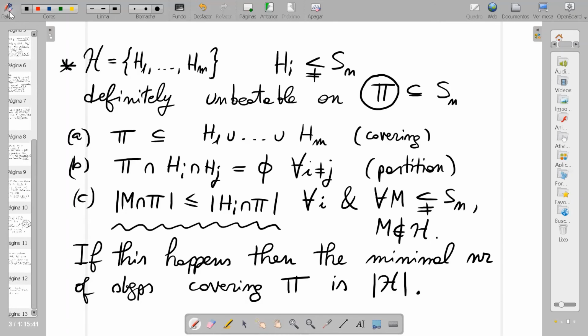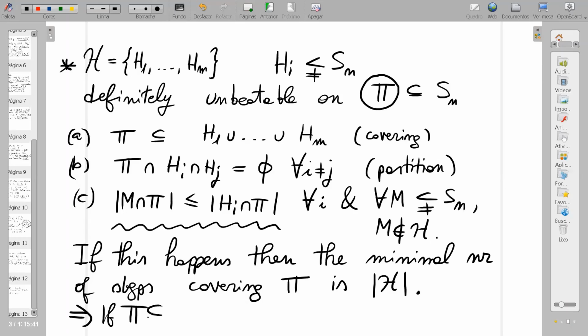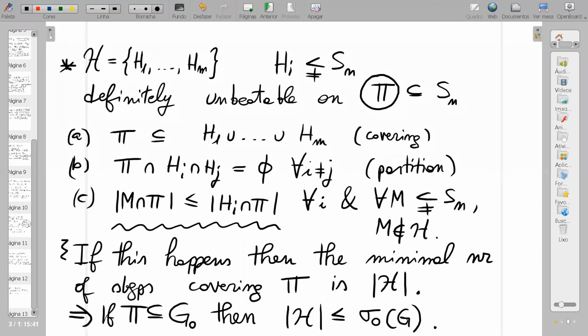Okay, so to conclude here, if pi is a set of primary elements contained in G0, then you have a lower bound for sigma 0. It's not hard to show that. Essentially, it comes directly from these three properties; you have to play some games.